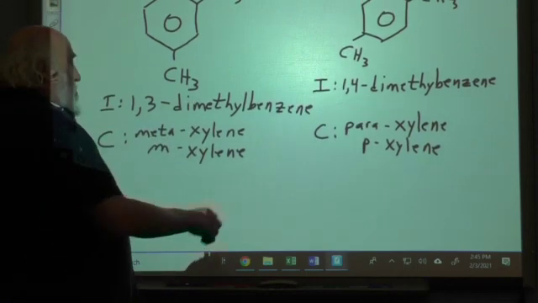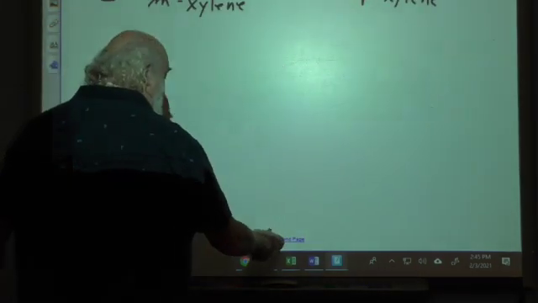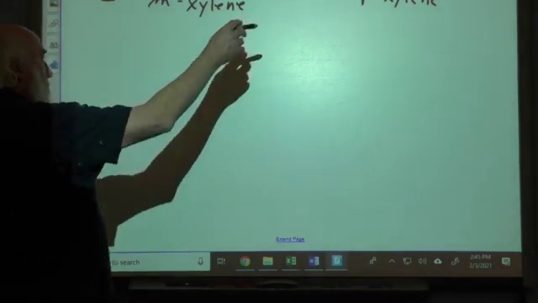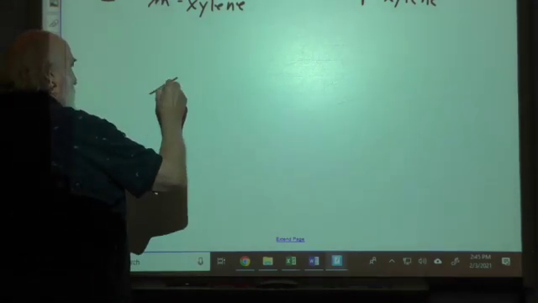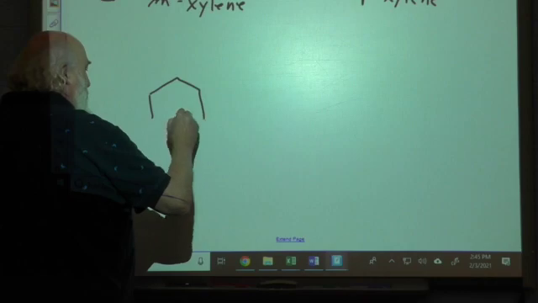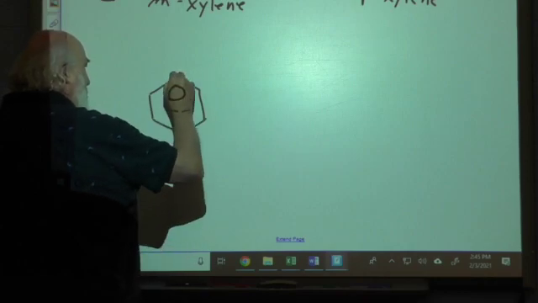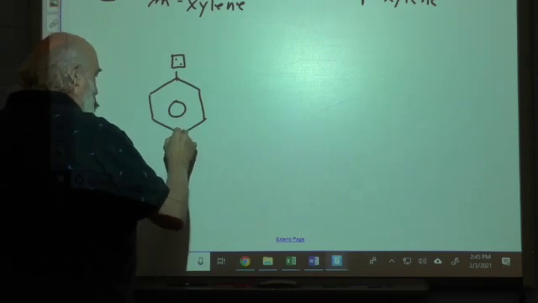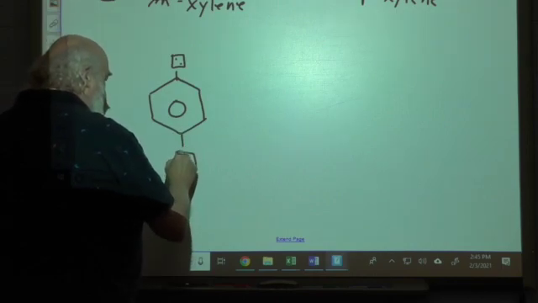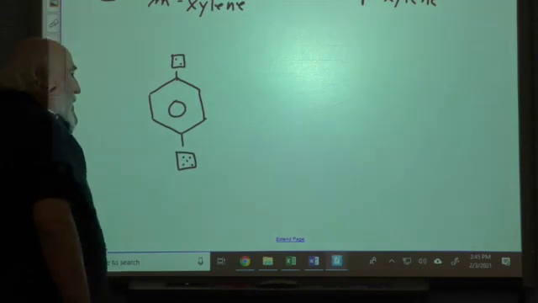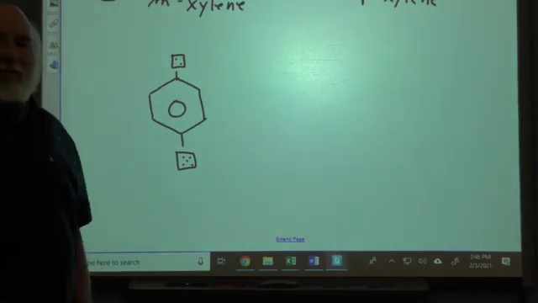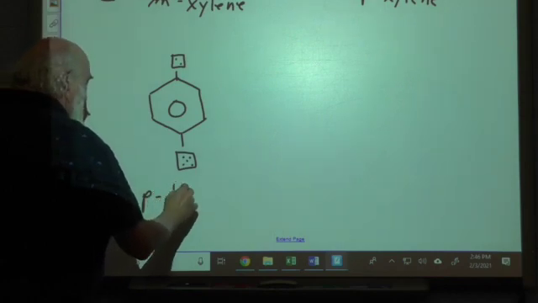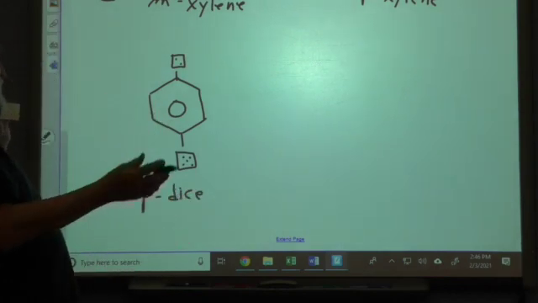Now, how do you kind of remember P and O? Let's look at this. We just did the pair thing. So, let me ask you, what would be the name of this compound if I was to be a silly person and put these structures on there? What's the name of that? Yes, you got it. Paradise. Oh, looks so nice from here, doesn't it?